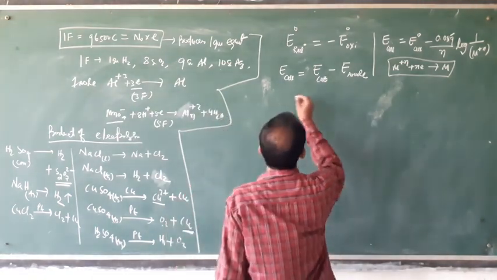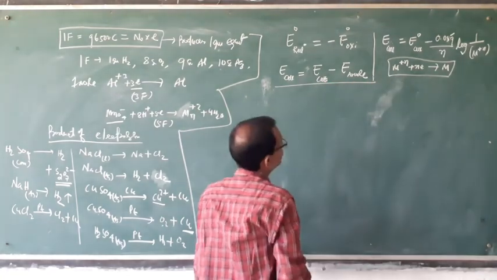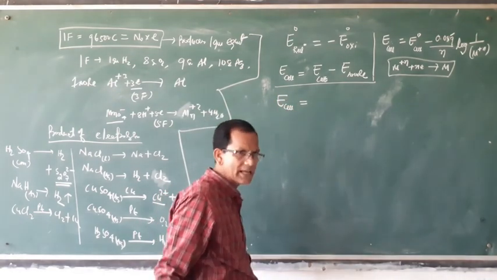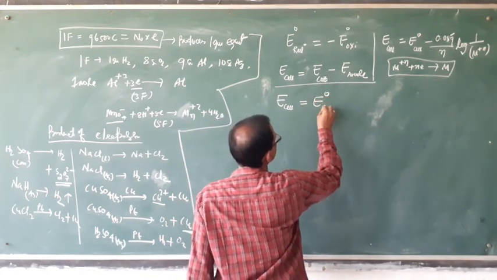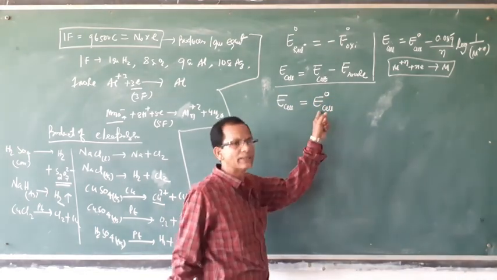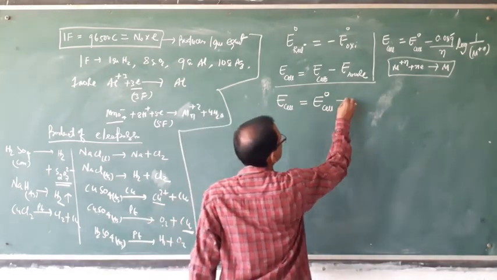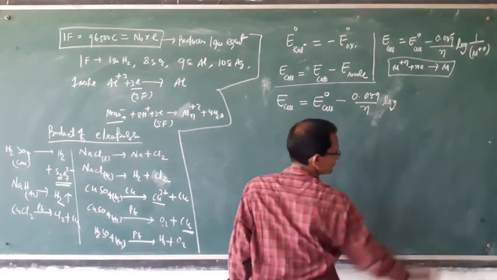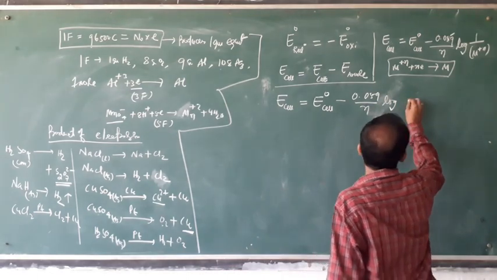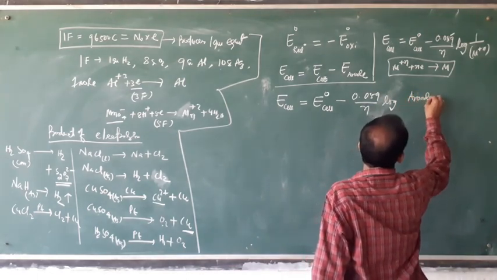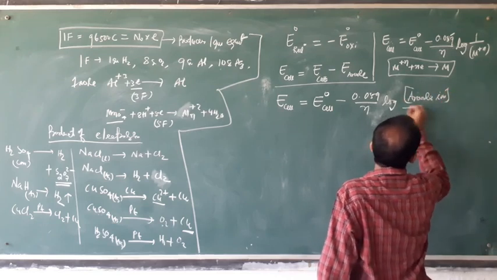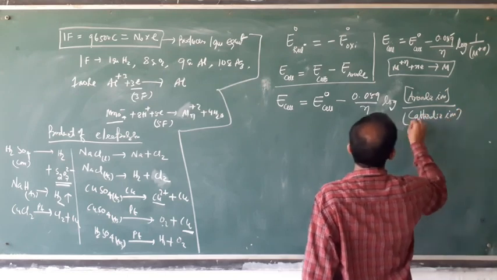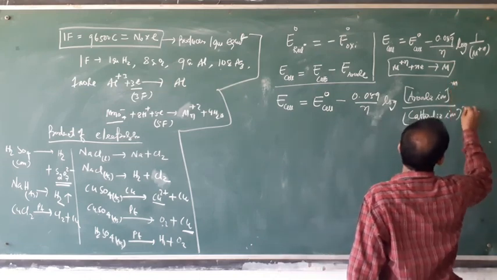For a complete cell, E cell, that is called cell potential, is equal to E naught cell, where E naught cell is E cathode minus E anode, standard values, minus 0.059 by n log of anodic ion concentration upon cathodic ion concentration, with powers m and n.